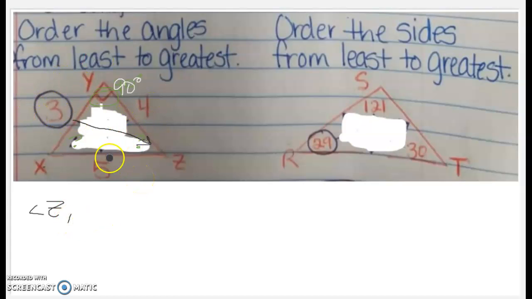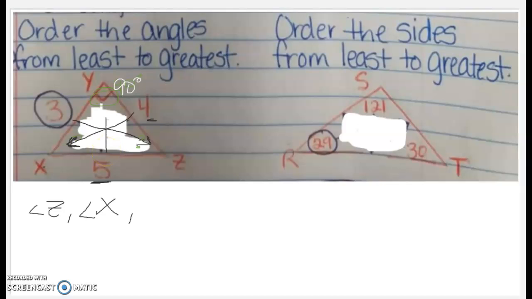Okay, so then I got 4 and 5. So the next number from least to greatest is 4. So if I look directly across 4, there's angle X. So angle X is next in line. And then 5 is my biggest number. That's my greatest length.